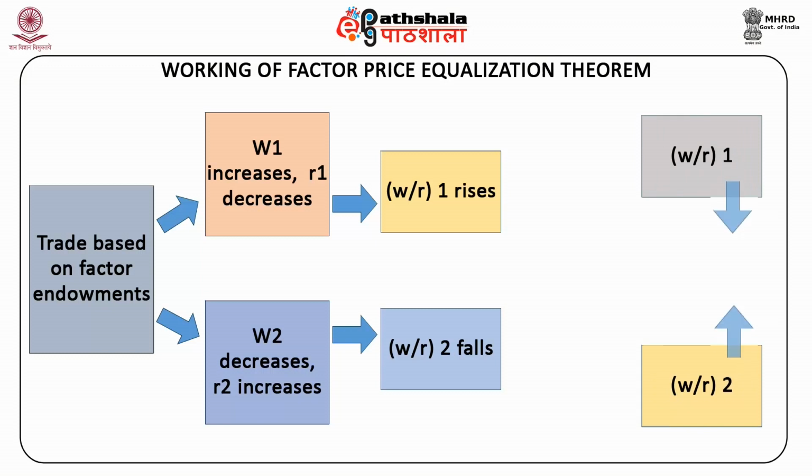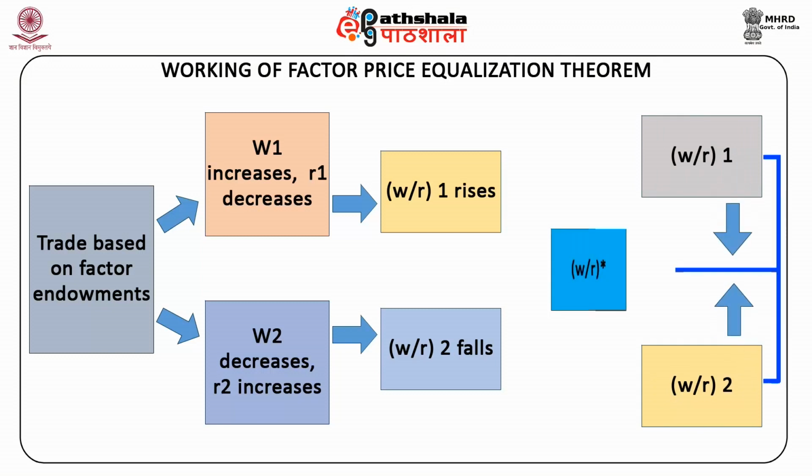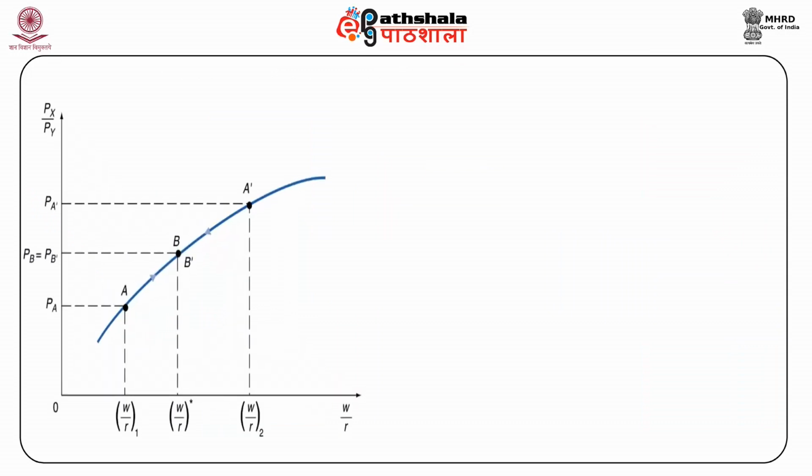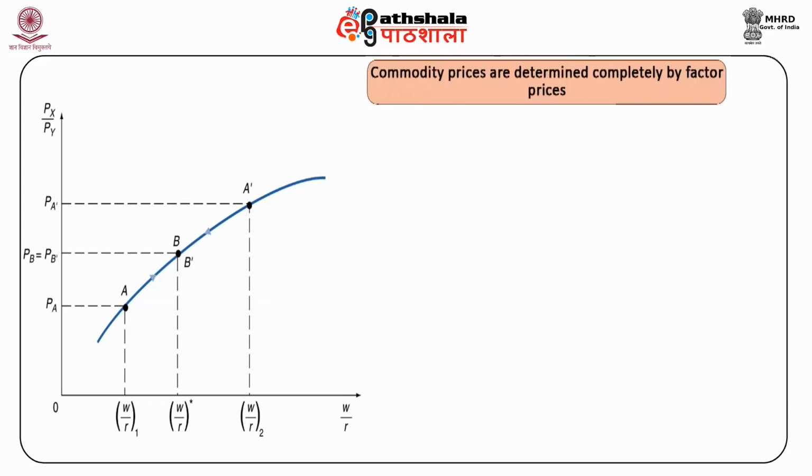These two combine to give the equilibrium wage rate W/R. In this diagram, the relative price of labor W/R is plotted on the horizontal axis, and the relative price of commodity 1, P_A/P_B, is plotted on the vertical axis.